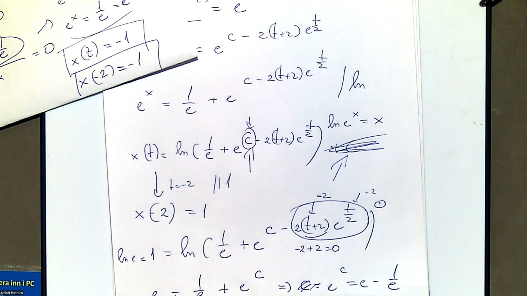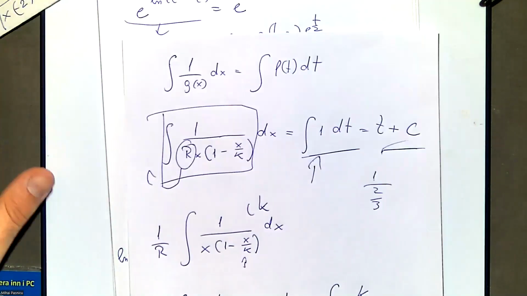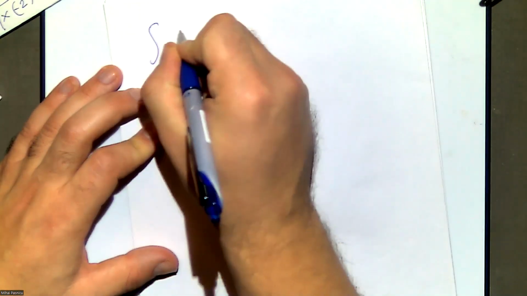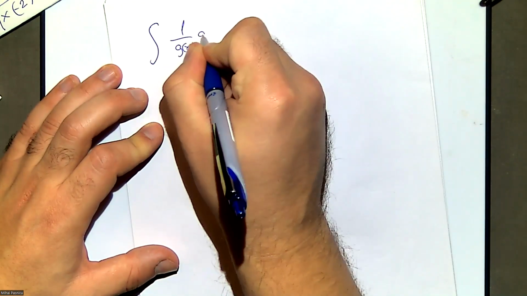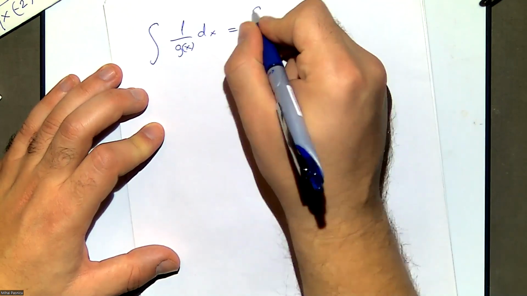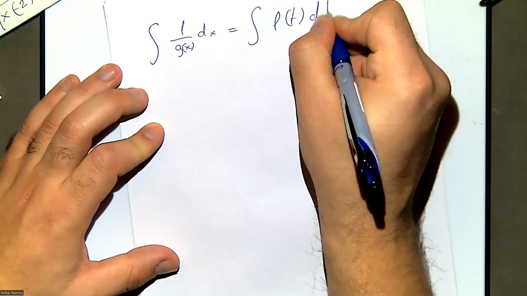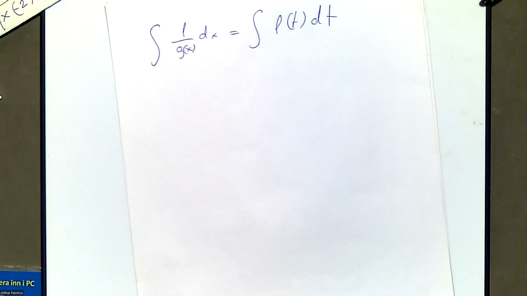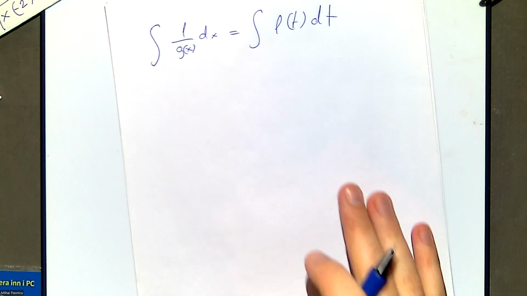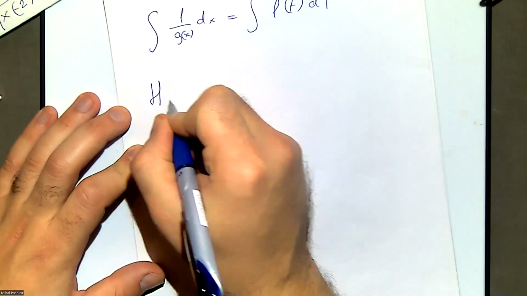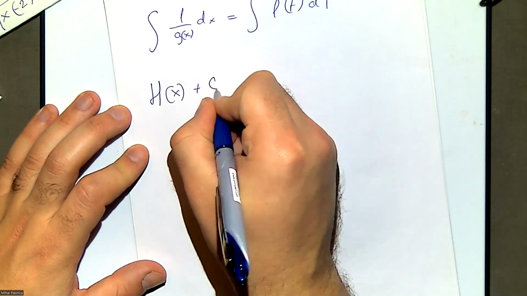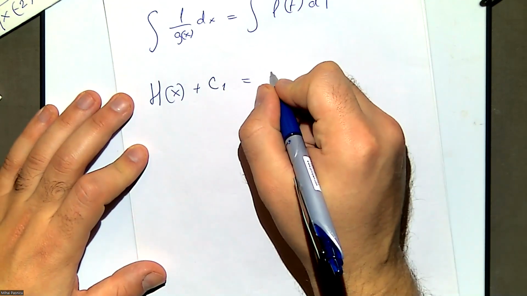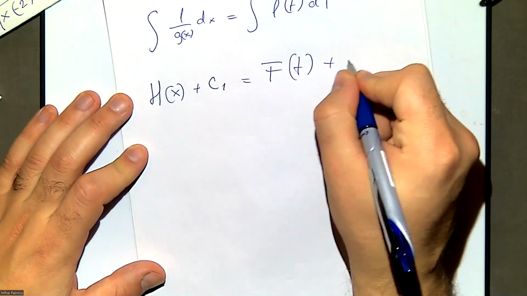So when I'm writing the integral of 1 over g(x) dx is equal to the integral of f(t) dt, there's no point in putting a constant for each of the integrals. Let's say I solved it and I get h(x) plus constant 1 is equal to big F(t) plus constant 2.